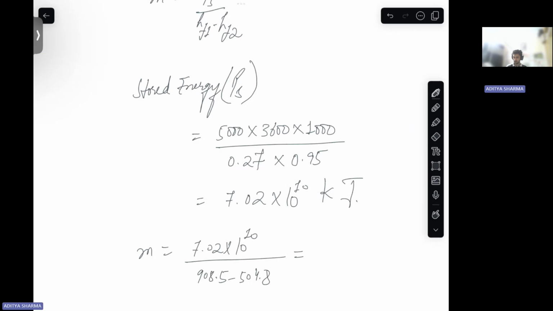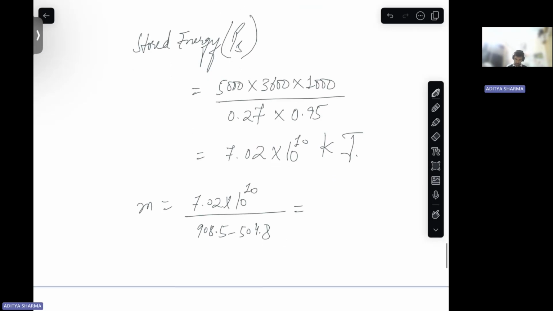So this will come out to be around 1.73 into 10 raised to the power 8 kg.